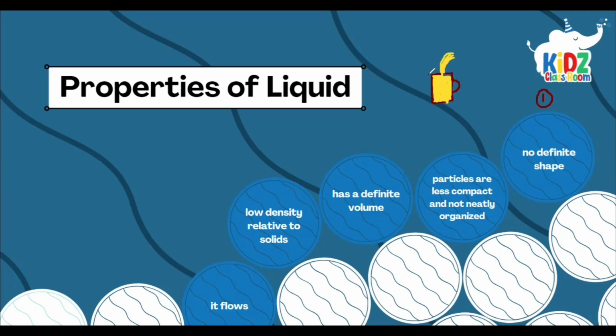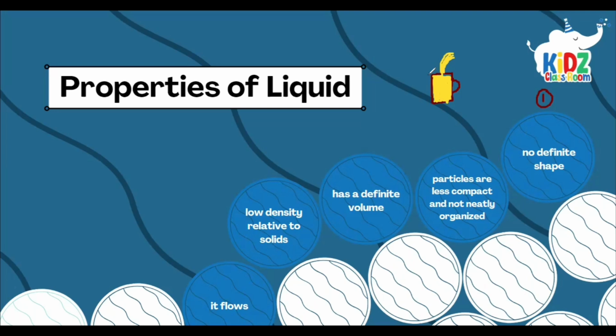Just pour some water into a glass. In which shape will the water be? In circle, in square, in cube? It will take the shape of the container. Let's pour the water into some circle shaped container.